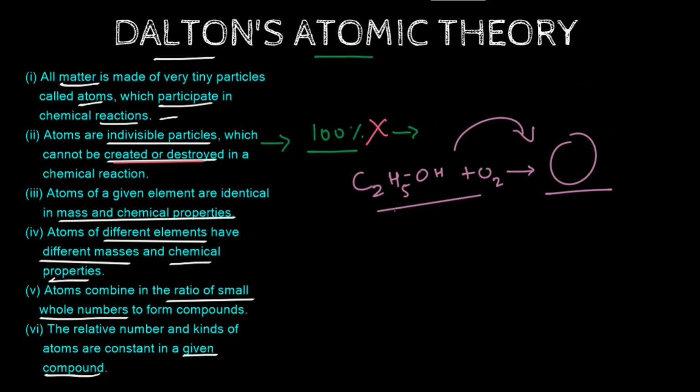We are not destroying the ethyl alcohol; the whole of the ethyl alcohol is getting converted into carbon dioxide and water. If you balance the chemical equation, we get to know that all the carbon atoms, all the oxygens, as well as all the hydrogens are converted into some other product. So this means you cannot create or destroy an atom.